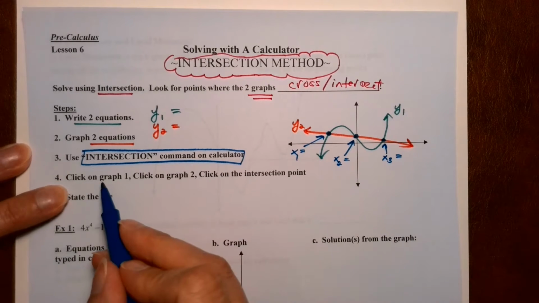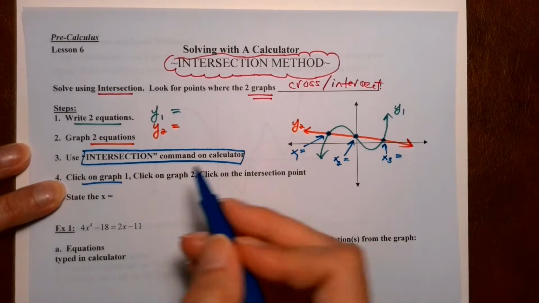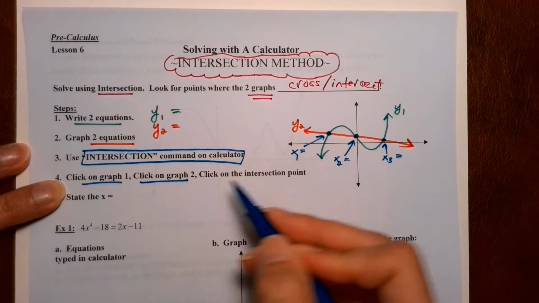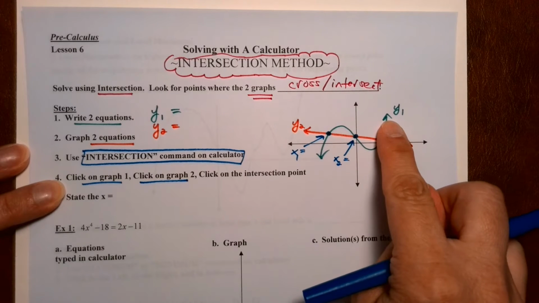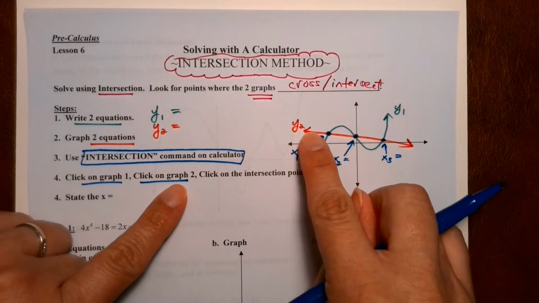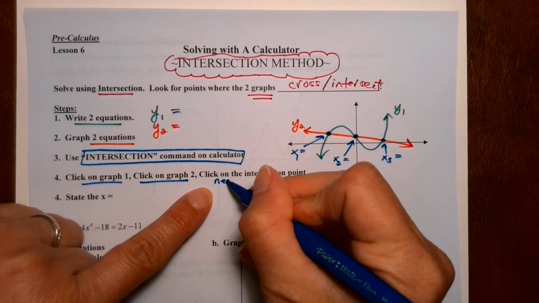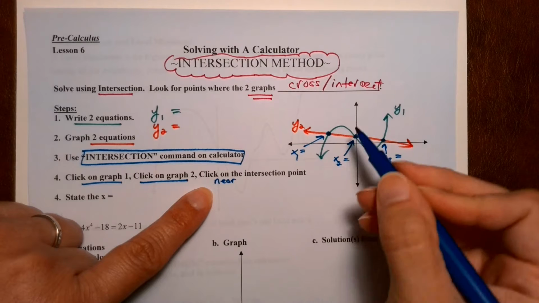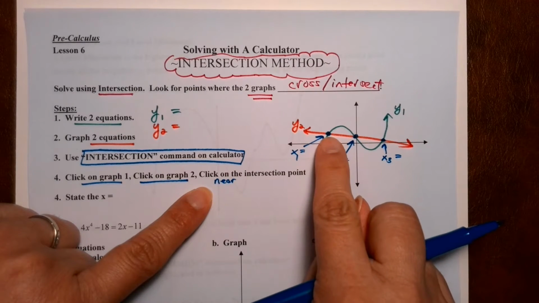What we do is we click on graph 1, y1, click. Then you go to graph 2, you click on it, click. So you're telling the calculator, y1, the green graph, y2, the red graph. Then you click on, or very near, the intersection point. If I click in this general area, the calculator will zero in on that point.